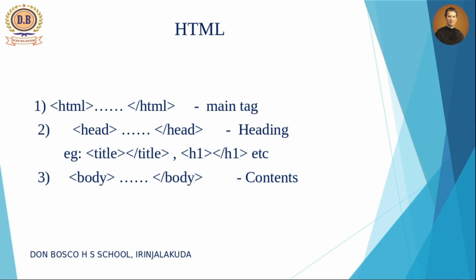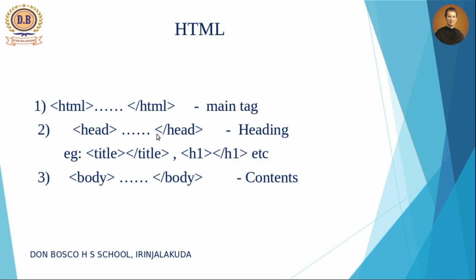The first main tag is HTML itself. While writing a tag, we must specify angular brackets, indicated using the greater than and less than symbols. Inside this angular bracket, we need to type the main tag. So this is the main tag, open HTML, and after opening this tag, it's our duty to close the HTML tag.